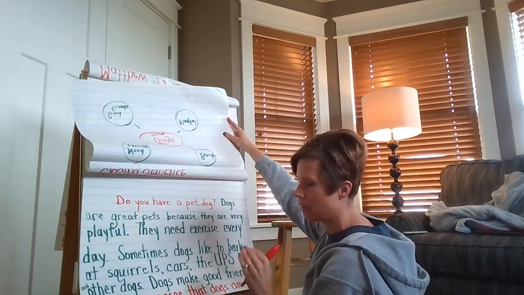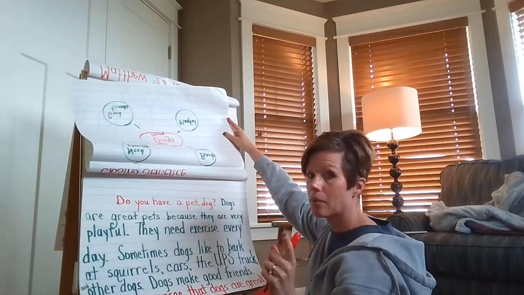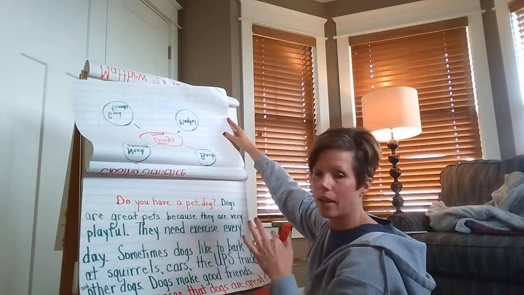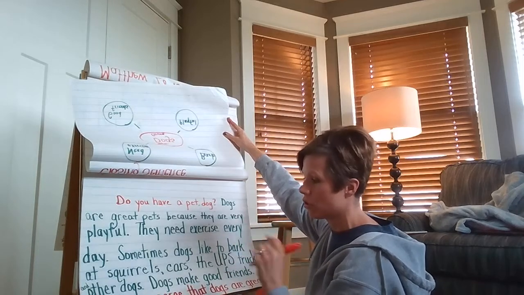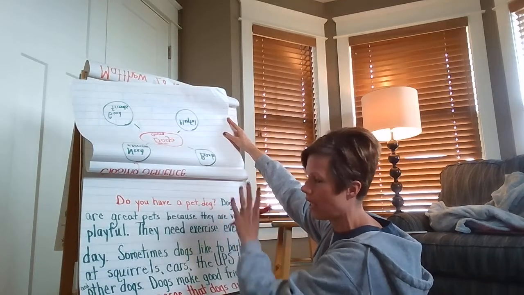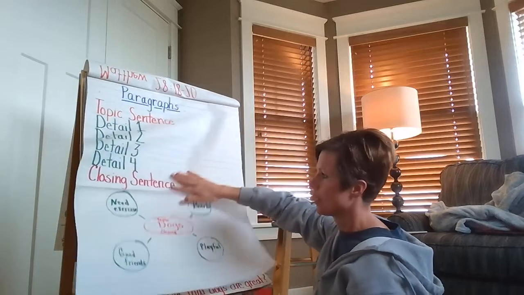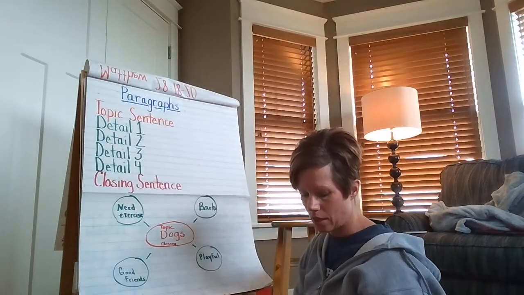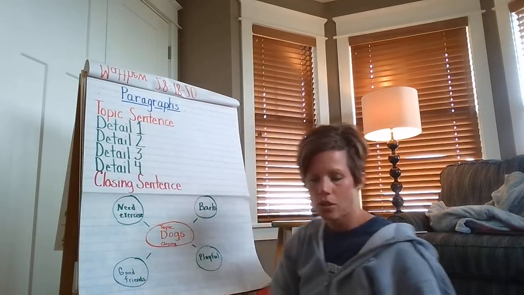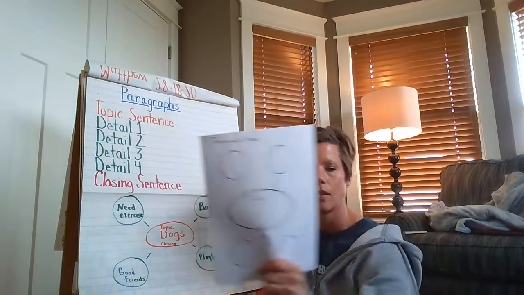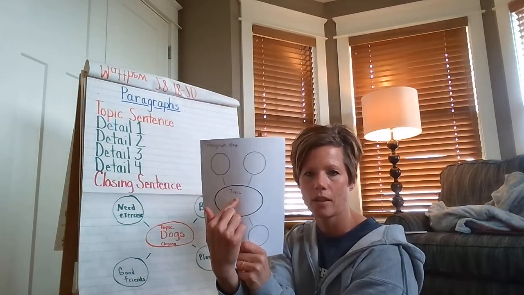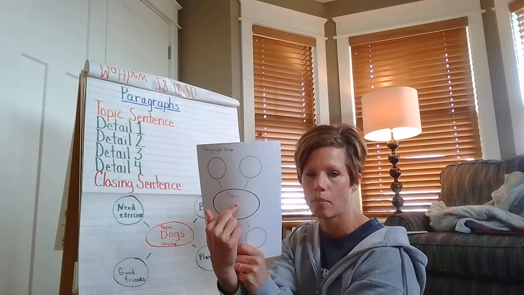This is a well-written paragraph, but I bet I could make it even better by adding other adjectives or just changing some things around. But for today, this is where we're at. So, what do you have to do today? I want you to think of a topic and write it in here. Something that you know about.